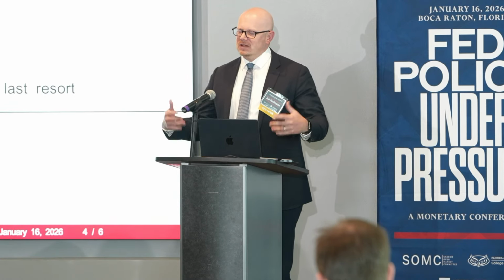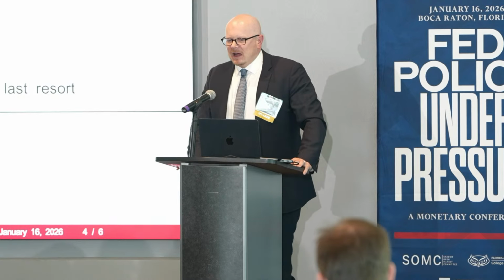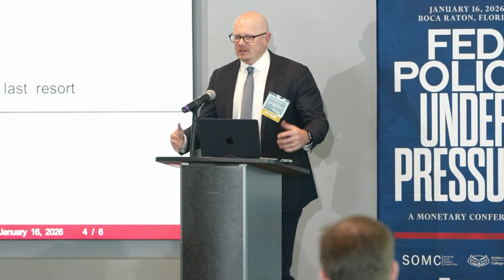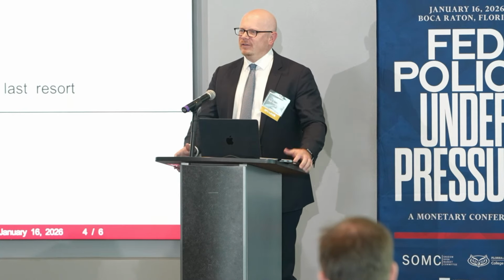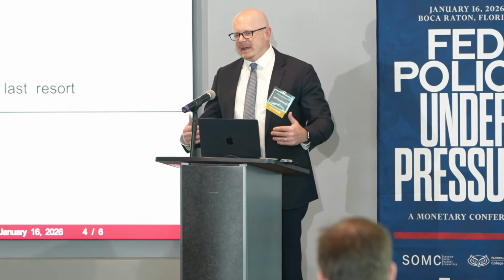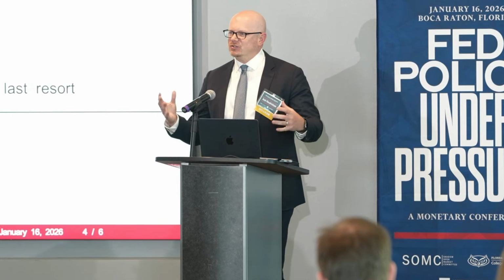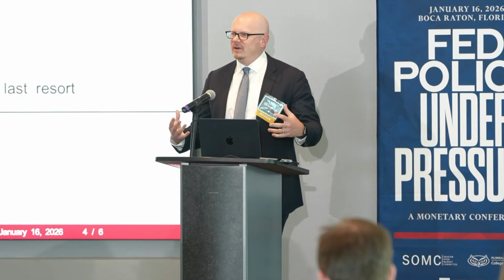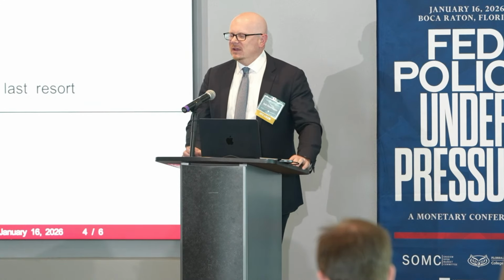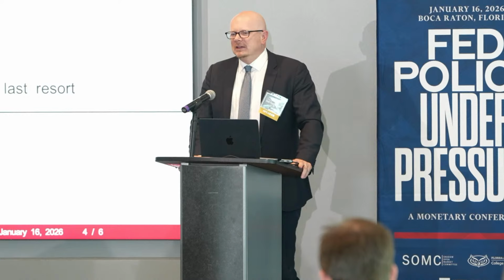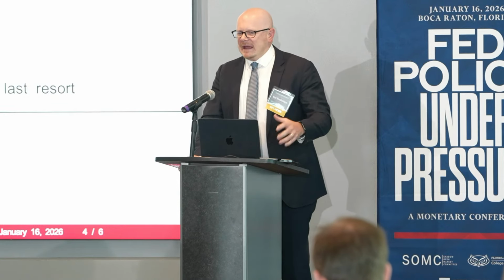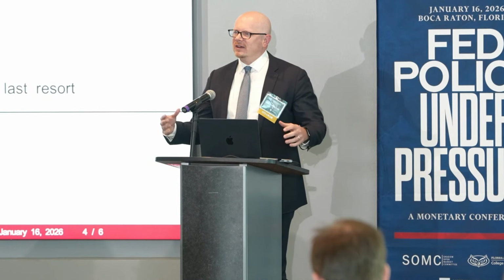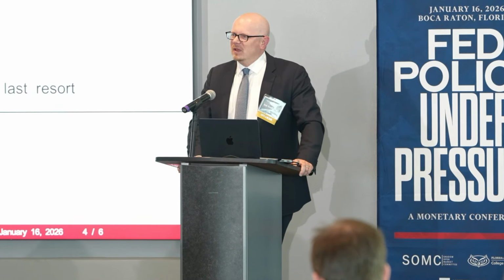People start dumping treasuries on the open market, the treasury market becomes pretty volatile, and then the Federal Reserve acts as the buyer of last resort, right? So what we would expect to see in this situation is treasury markets with a lot of volatility, and some odd pricing compared to what we normally see. And so the Fed would step in and say, hey, we're seeing these disruptions in the treasury market, and we're going to step in and stabilize the market.